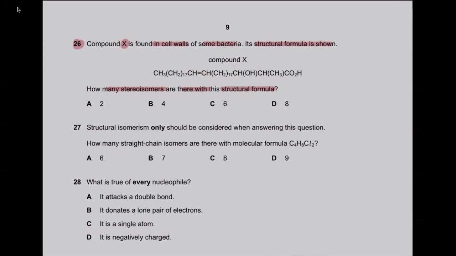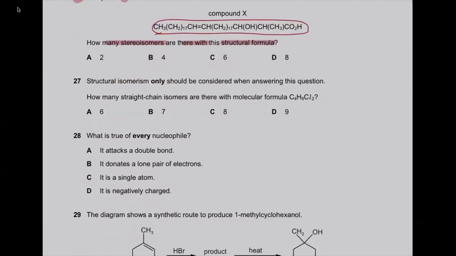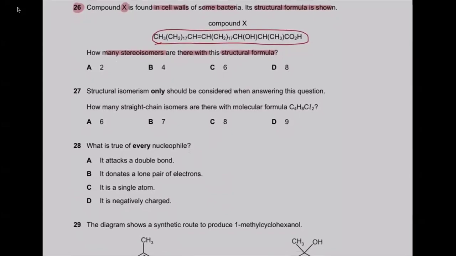I think you can leave this kind of question because this is a very big structure and you have to figure out how many. So just leave it for the end. We will attempt it at the end. Just complete the rest of the questions. MCQ number 27, structural isomers only should be considered when answering this question.